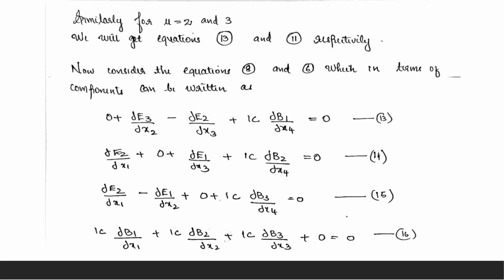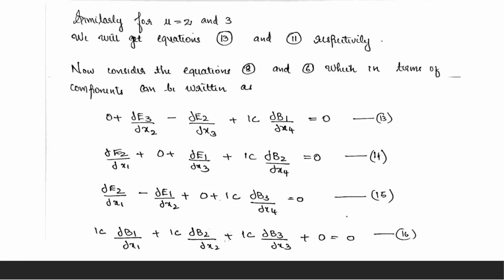Then ∂E3 by ∂x1 plus 0 plus ∂E1 by ∂x3 plus ic ∂B2 by ∂x4 is equal to 0, which is equation number 14. Similarly, ∂E2 by ∂x1 minus ∂E1 by ∂x2 plus 0 plus ic into ∂B3 by ∂x4 is equal to 0, which is equation number 15.